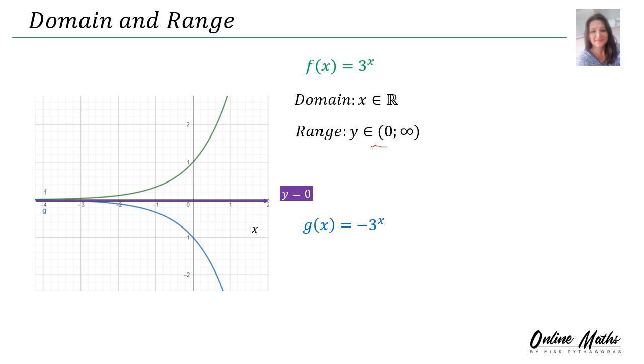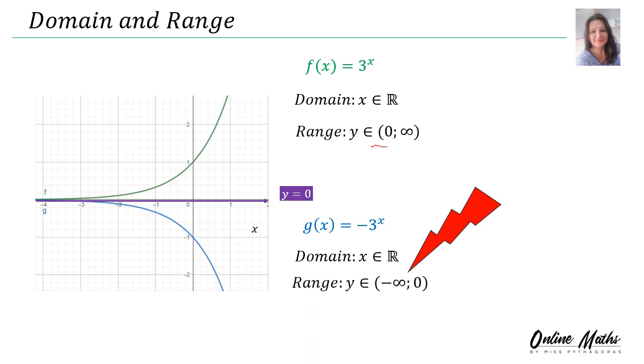Now on your blue graph, which was the graph g of x is minus 3 to the x, the domain is still x is an element of the real numbers. But the range, now you must be careful, is y is an element of negative infinity up to 0. Why? Because you read range from the bottom upwards.